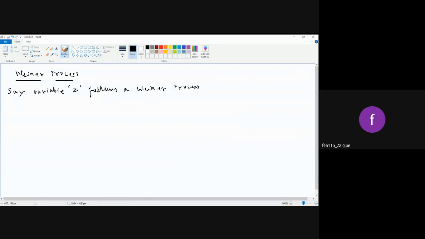So let's say there is a certain variable z which follows a Wiener process. Take any variable z. There are a couple of properties of this Wiener process which we will require going ahead as well.